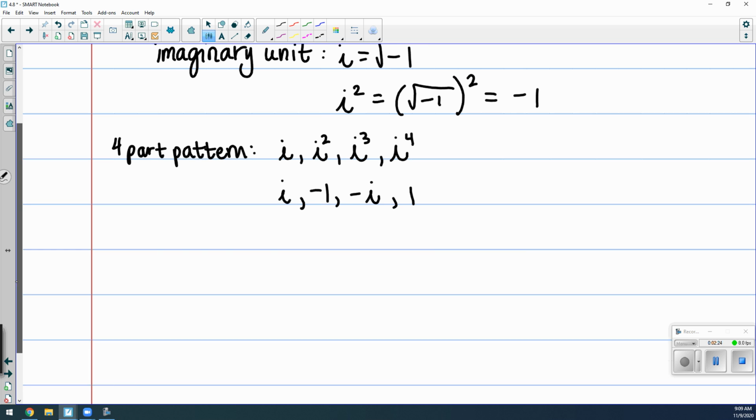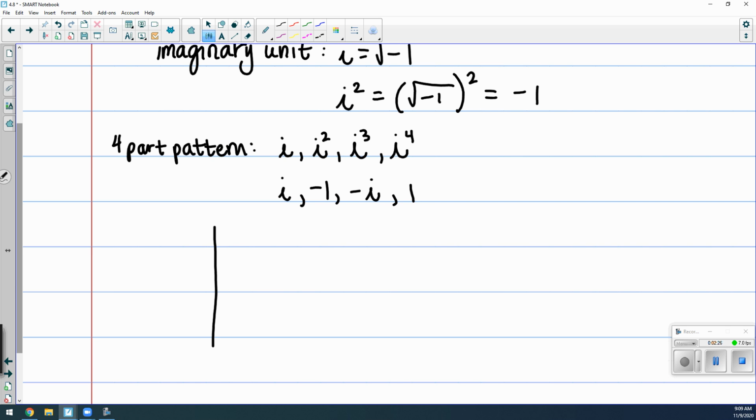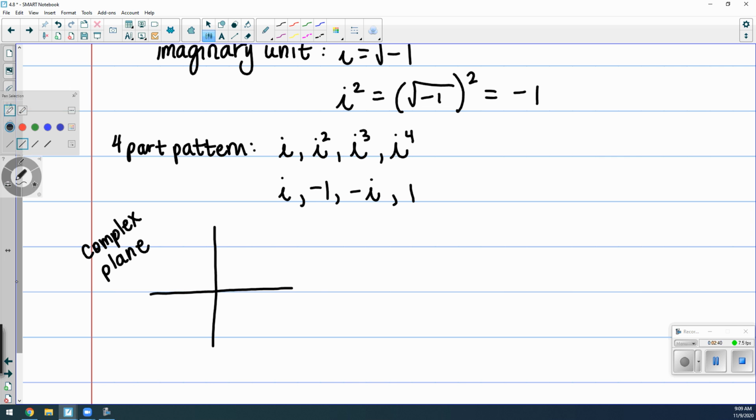So something else that's pretty cool about complex numbers is that they can be graphed in the complex plane. So normally we would call the horizontal axis x and the vertical axis y, but in the complex plane, x is where we put a and y is where we put bi. So for example, if I wanted to plot something like 3 minus 5i, what I'm going to do is go right 3 and down 5.